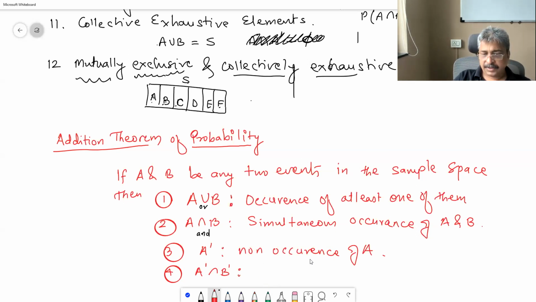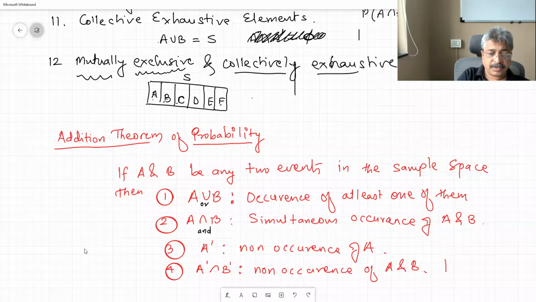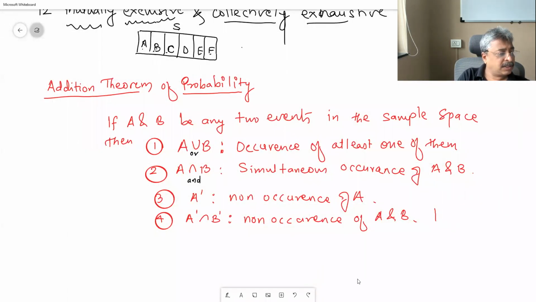Non-occurrence of A and B. Is it correct? Non-occurrence of A and B is A dash intersection B dash.